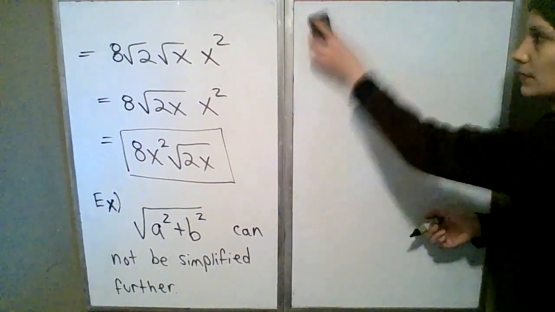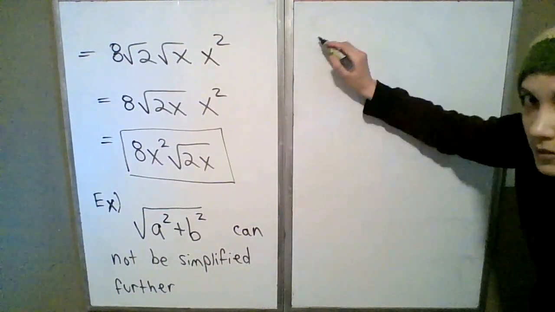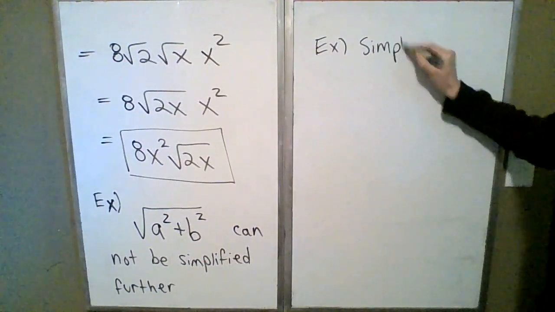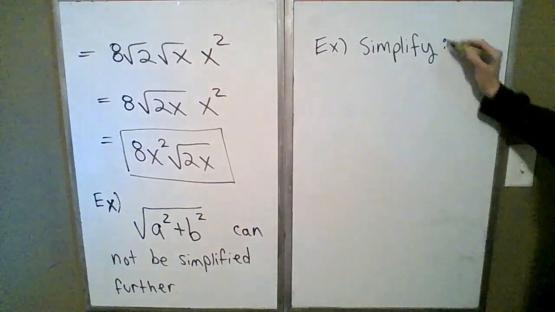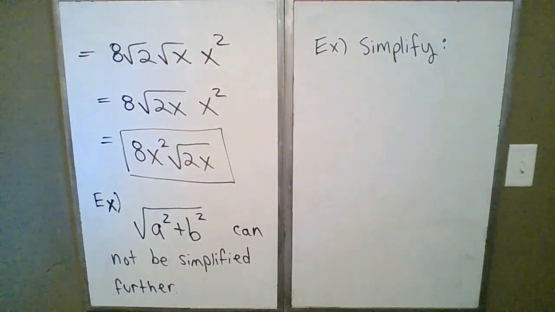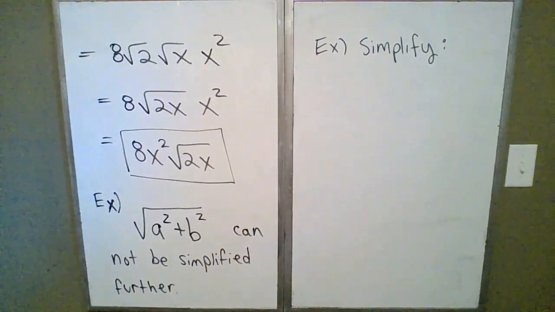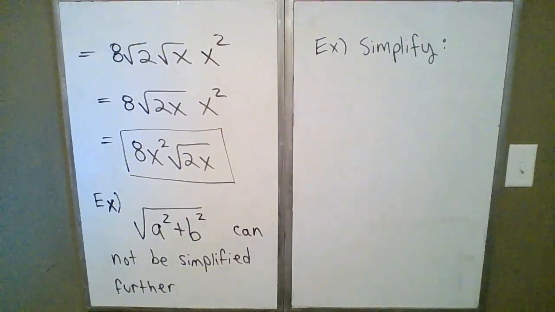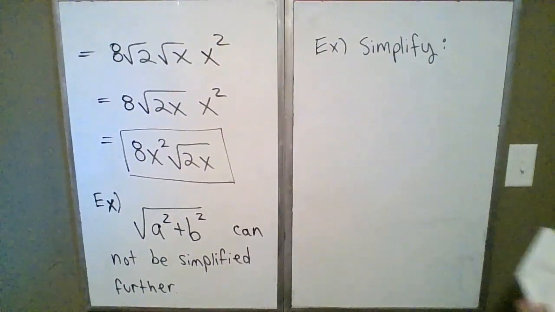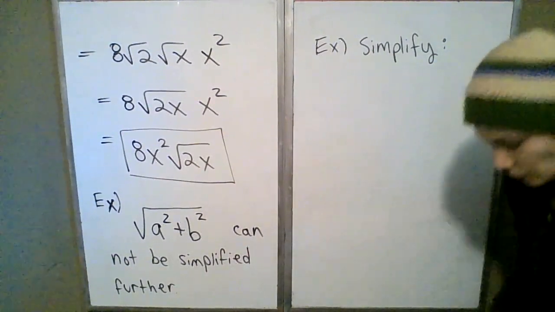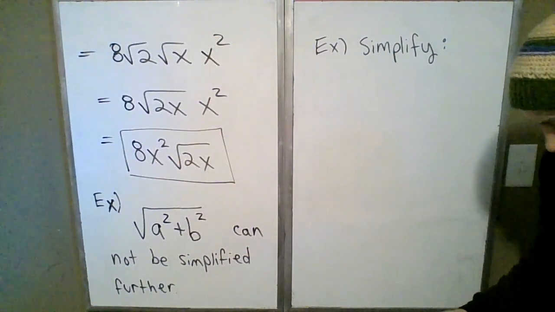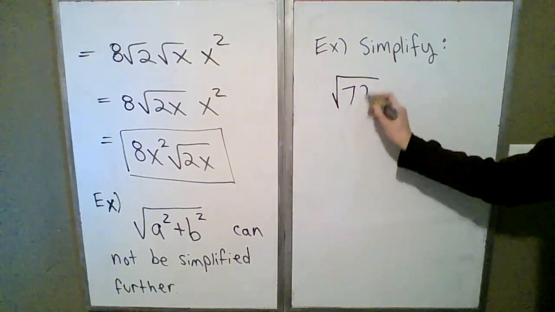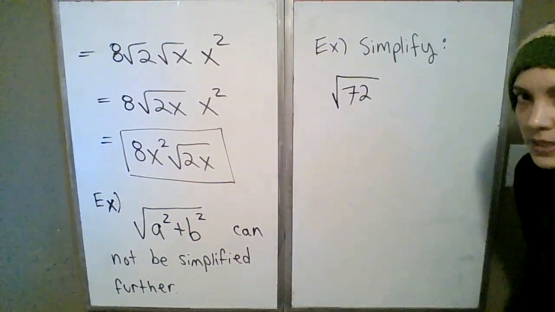Let's use our time in class to work on problems that we can simplify. Square root 72.